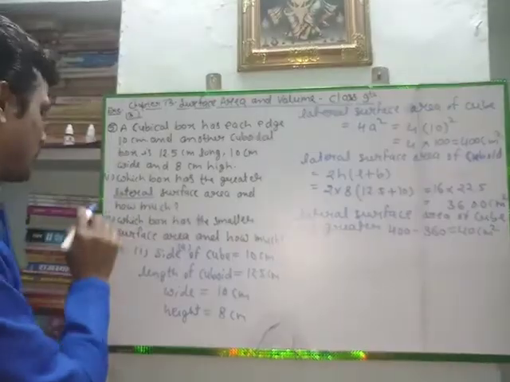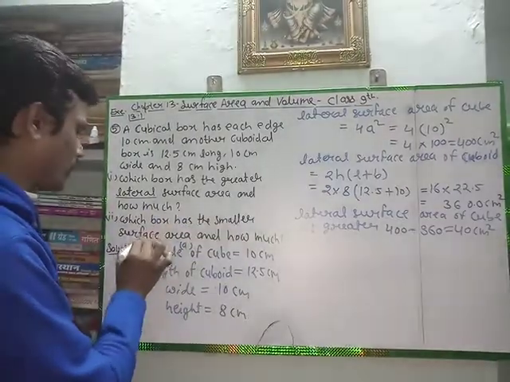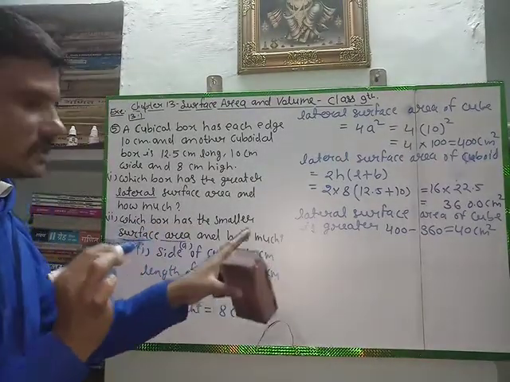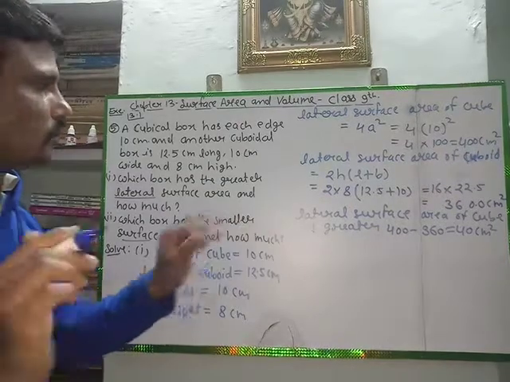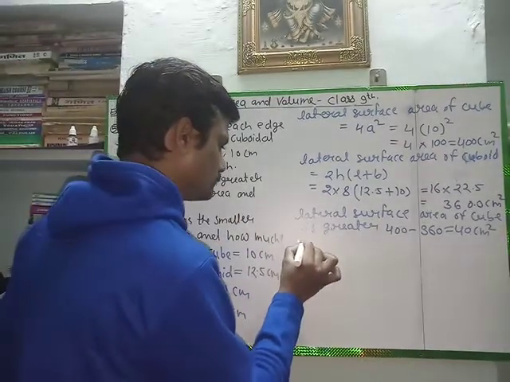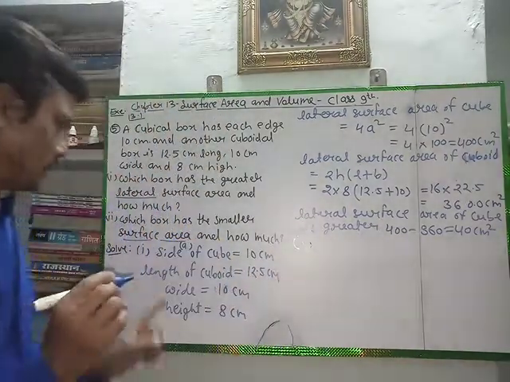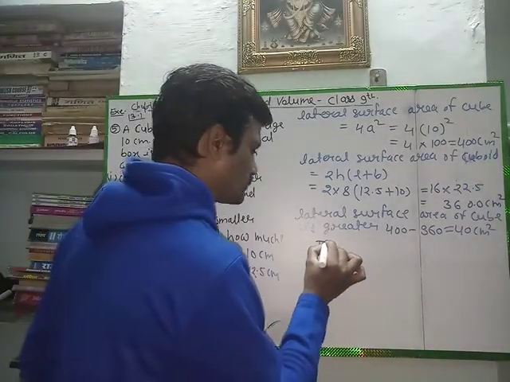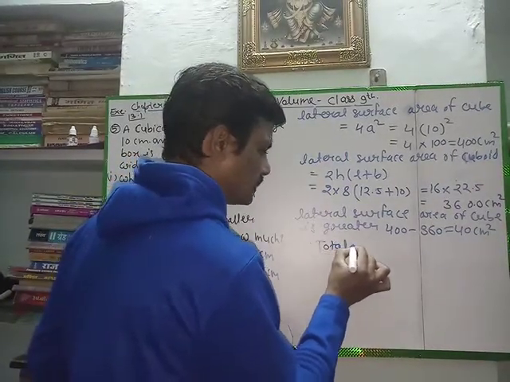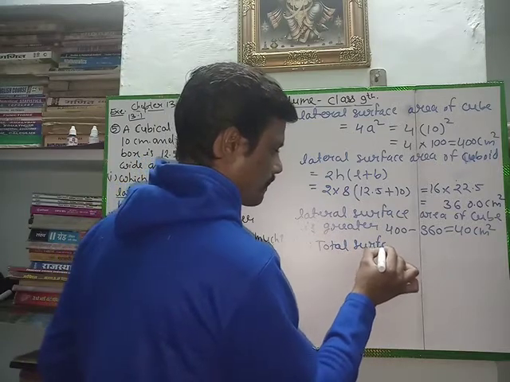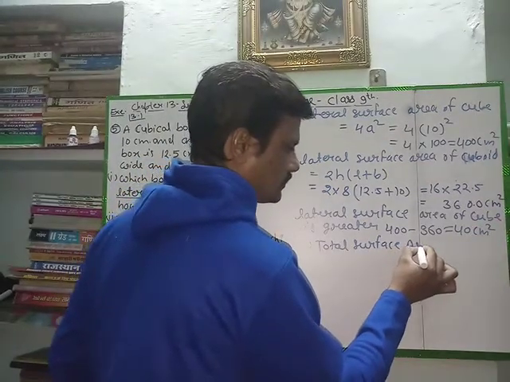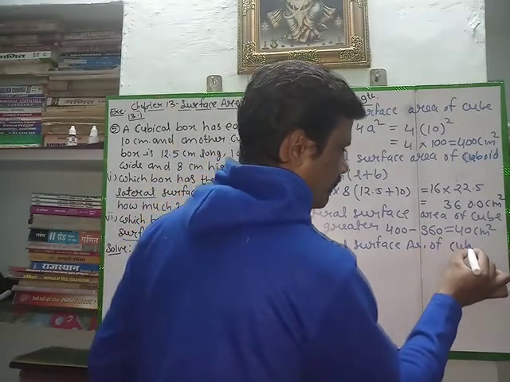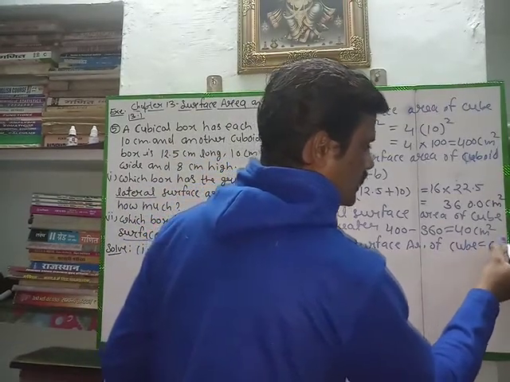ठीक है. Second, which box has smaller surface area and how much? Now we will calculate the two things again. Total surface area, we will calculate the total surface area of both things. ठीक है. So total surface area of cube is equal to 6a square.